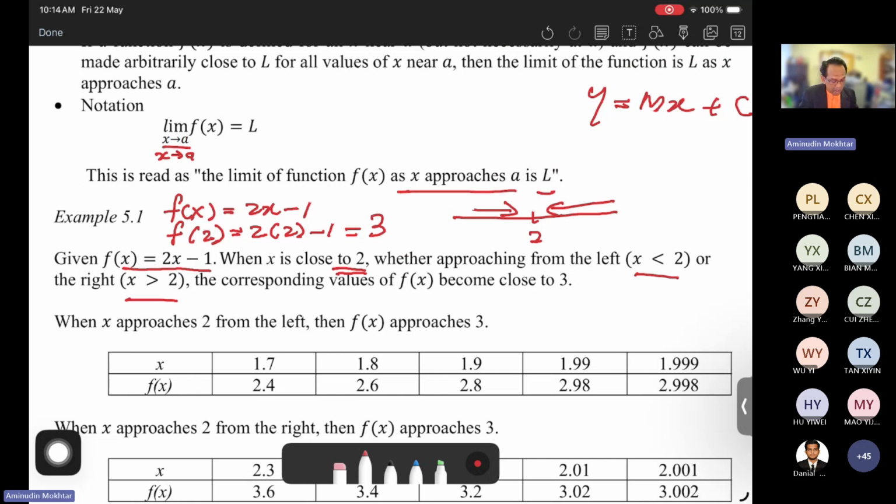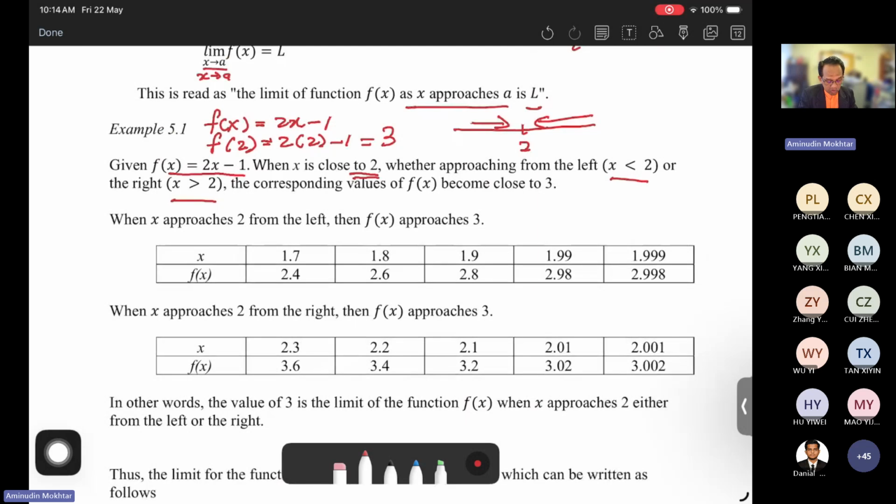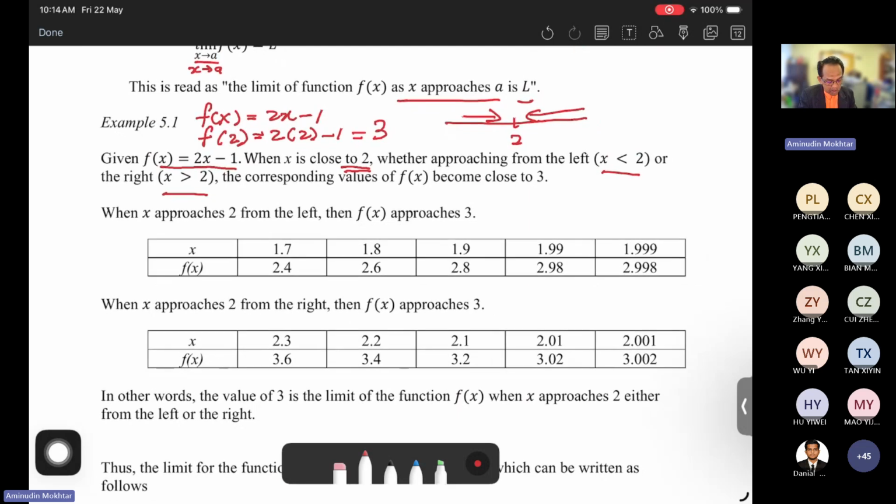As you can see here, if you refer to this top, there are two tables. These two tables show what happens to f(x), the value of y, when x approaches 2 from the left: when x equals 1.7, 1.8, 1.9, 1.999, and so on.